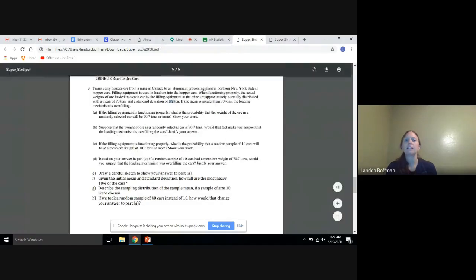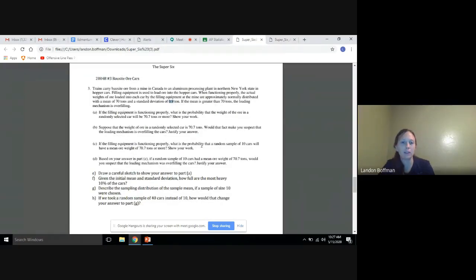So y'all just keep in mind this idea of sampling distribution. That's an important concept that I feel like is going to be on the test. But the thought process Molly had at the beginning is good to think about. Okay, well, the likelihood of a mean being that much greater than the true mean is a lot less likely than just one car being 70.7. Right. So as we go from the population to a sampling distribution, and as you increase the sample size, every sample size has its own sampling distribution.